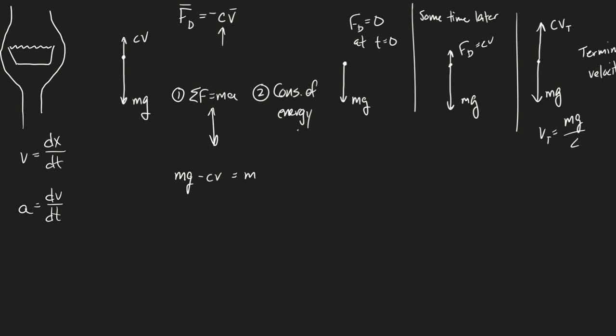Now, that's hard, I think, for young students to recognize. There's a lot of variables there. m is a variable, g is a variable, c is a variable, v is a variable, and a is a variable. It's a lot of variables. I count 5 of them. Which ones are actually changing, and which ones are staying the same? Once I drop the coffee filter, do you understand that m, g, and c are all staying the same the whole time?